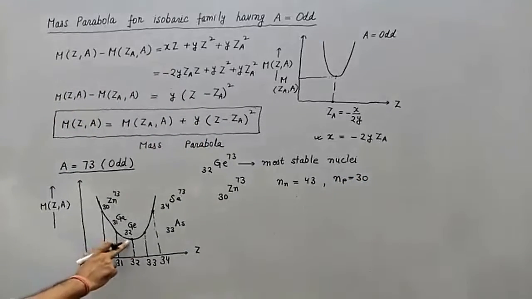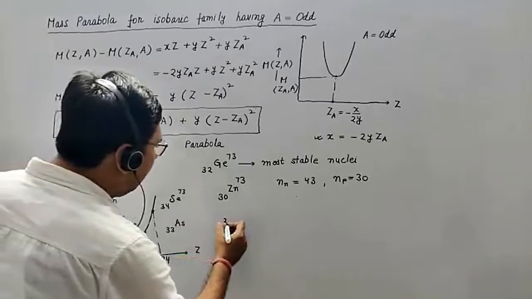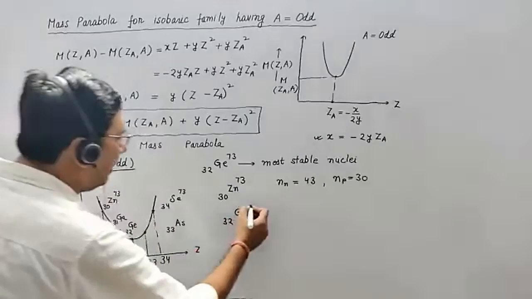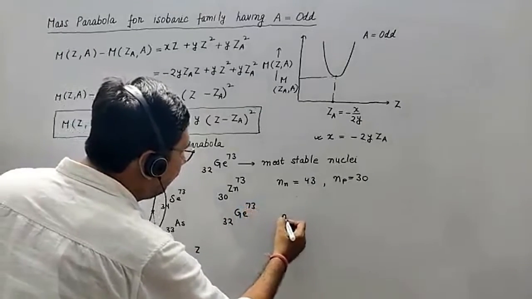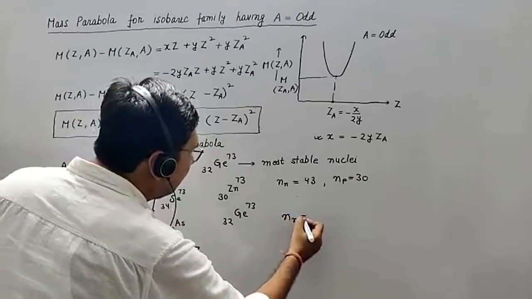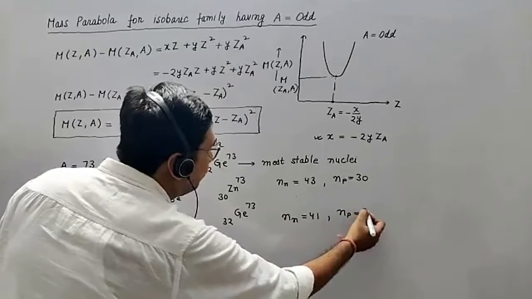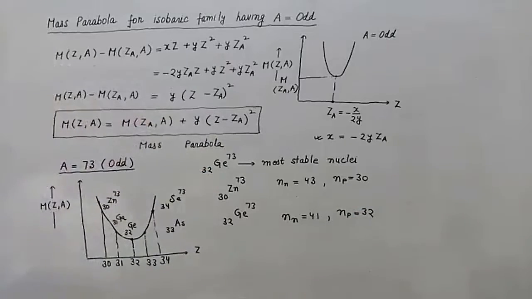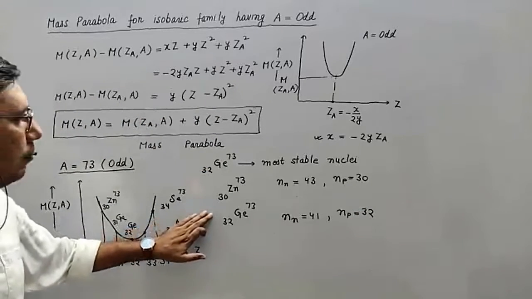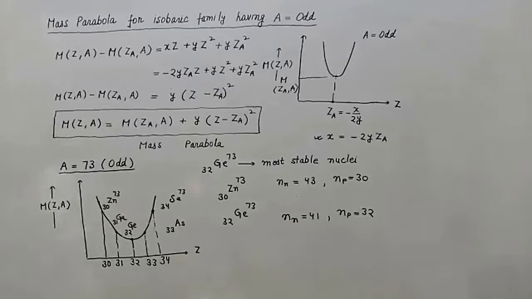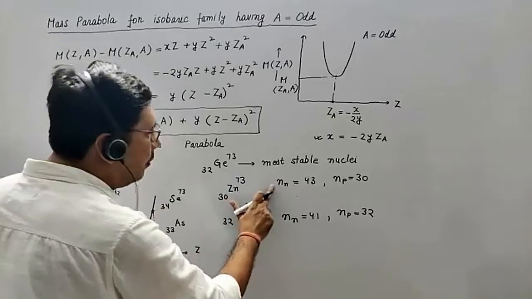In 32Ge73, the number of neutrons is 41, while the number of protons is 32. So as compared to this stable nuclei, 30Zn73 has a higher number of neutrons.